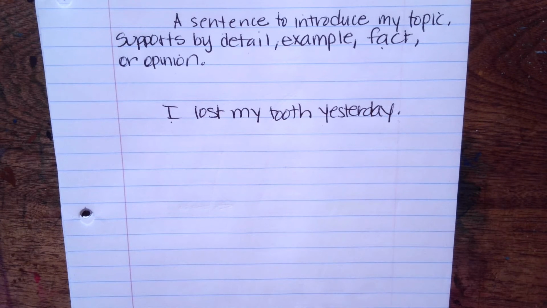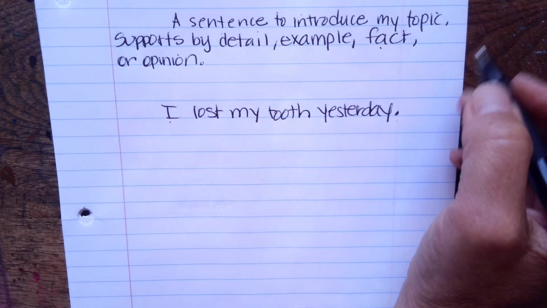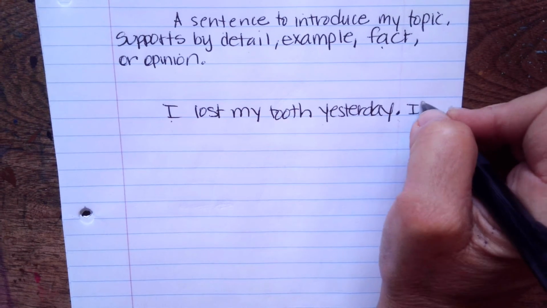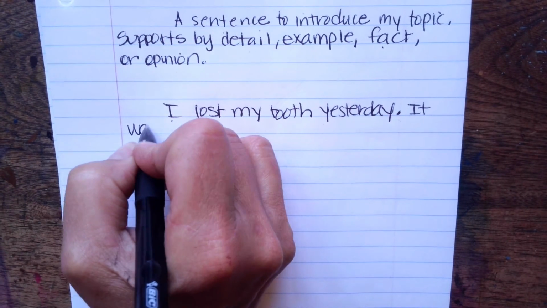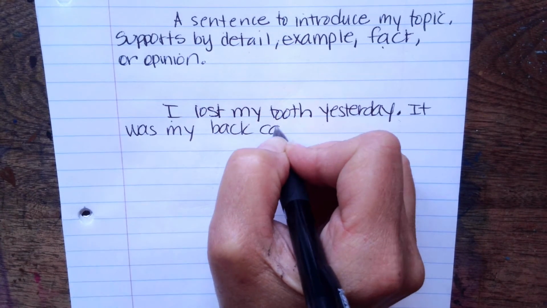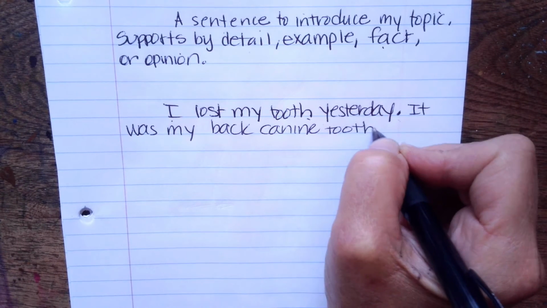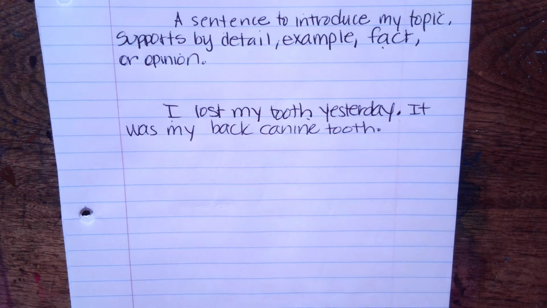We're not going to say all of that. We're going to say, I lost my tooth yesterday. Then you're going to use a period and then you're going to use a capital and then you're going to say, it was my back canine tooth. Period. One idea, one sentence.